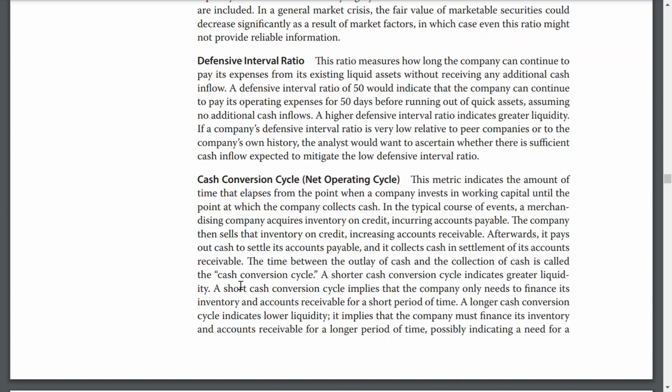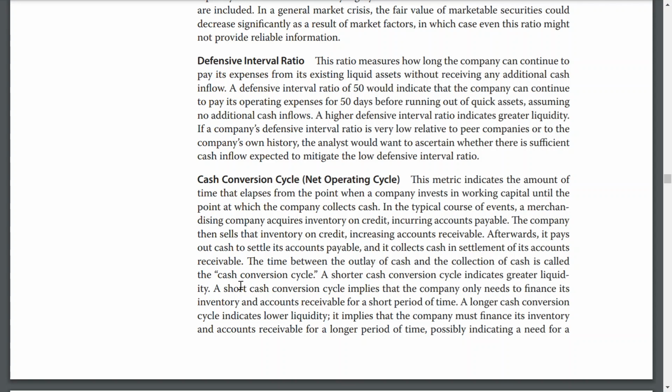Afterwards, it pays out cash to settle the accounts payable, and collects cash in settlement of its accounts receivable. The time between the outlay of cash and the collection of cash is called the cash conversion cycle.